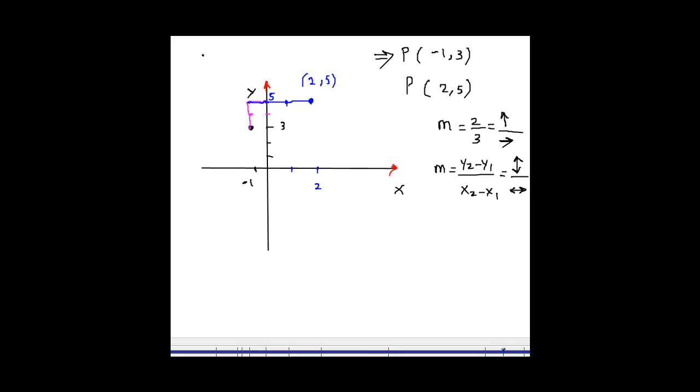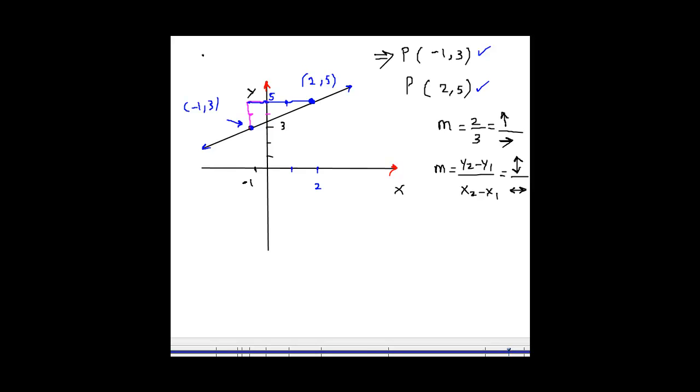Okay, so if I simply connect these two points together, I would get the line. But those two points were given to me actually. 2, 5, and -1 and 3 were given to me. This point here is -1 and 3. You could simply locate those 2 points and connect them together, or use 1 point and the slope to graph them.